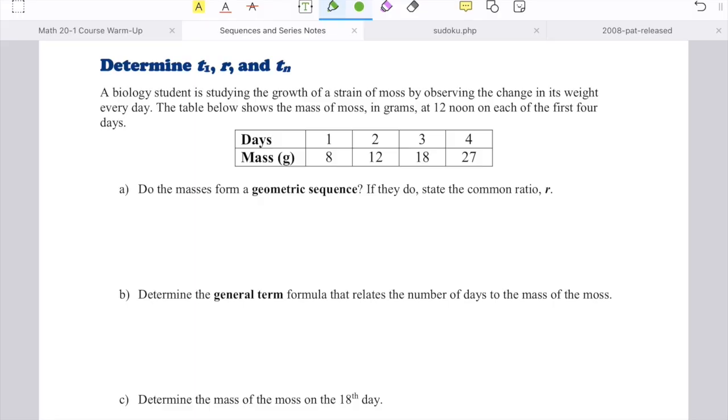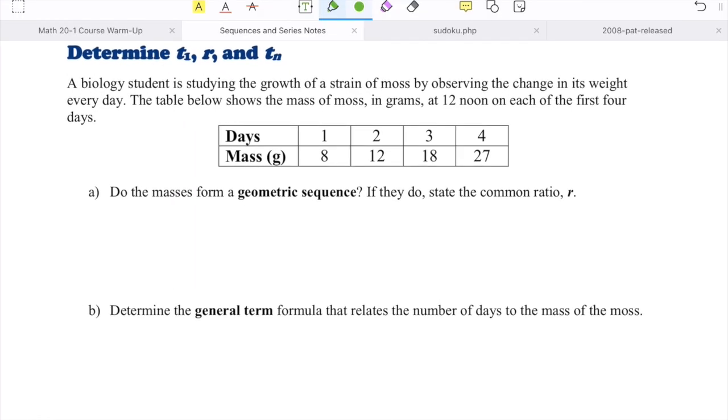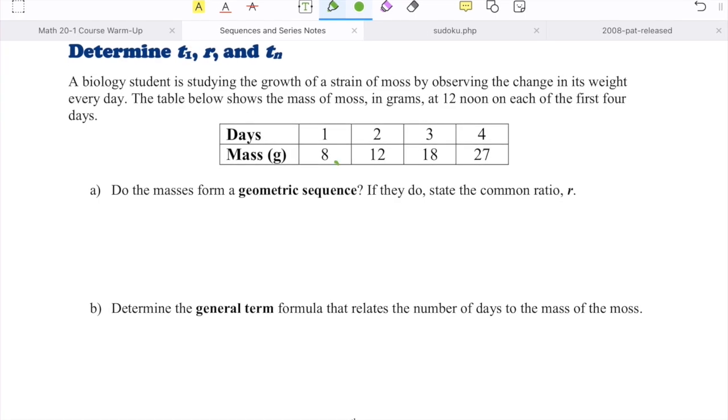Okay, so let's say it's arithmetic, it's going to add by 4, and then if I add by 4, I'll get 16, not 18. So it's not arithmetic, right? It's being multiplied by 1.5, and the way you can figure it out is, remember, ratio is just Tn over Tn minus 1.